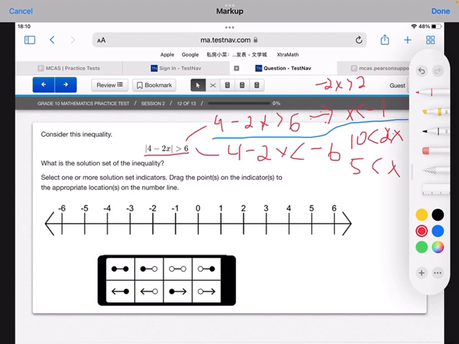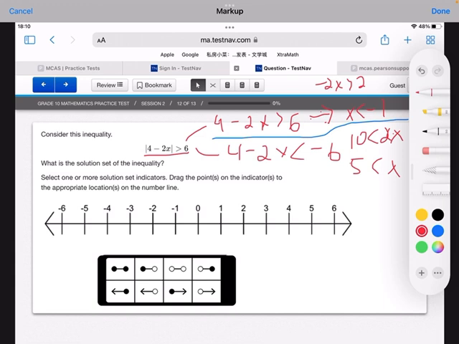The absolute value of 10 is still 10, which is greater than 6, so that works. On the real MCAS, I would recommend you do it on paper, not in your brain, because sometimes things seem one way in your brain, but on paper you're like, oh crud, I was wrong.